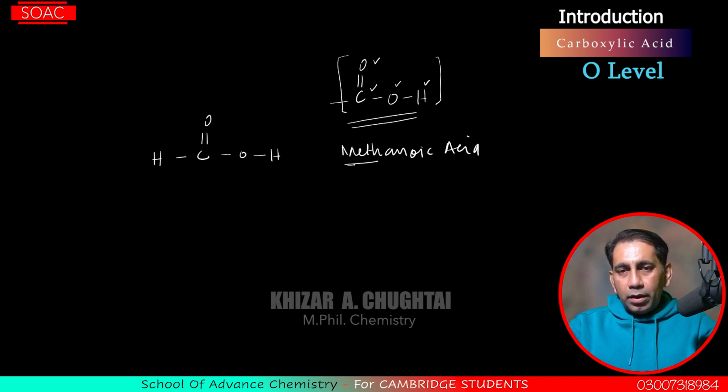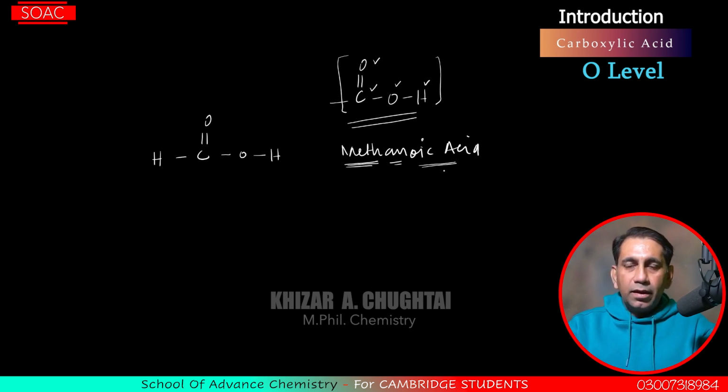One carbon compound names start from meth, and ane means alkane. Oic acid is the name of the functional group for carboxylic acid. So its name is methanoic acid and its molecular formula is CH2O2.